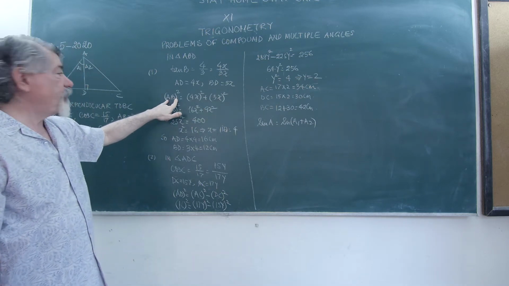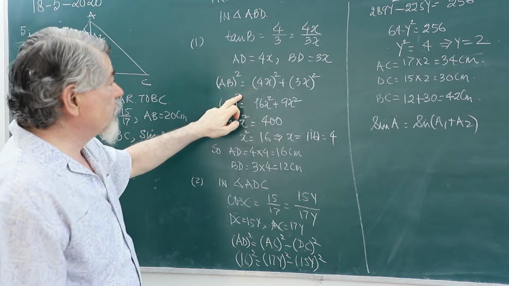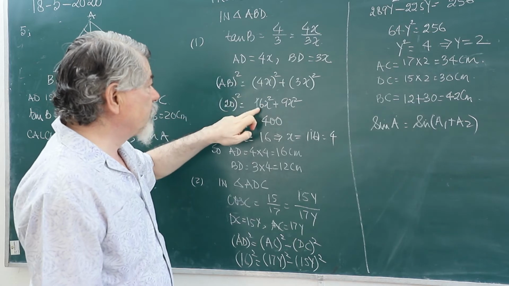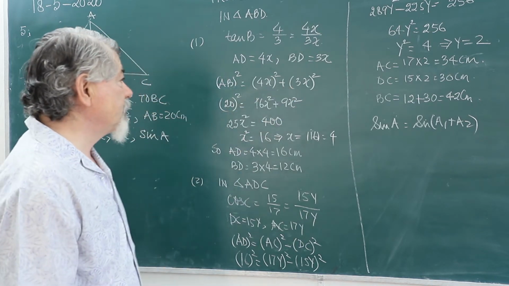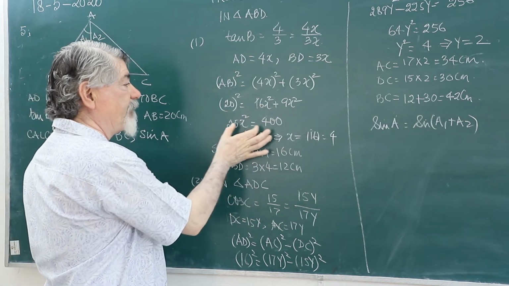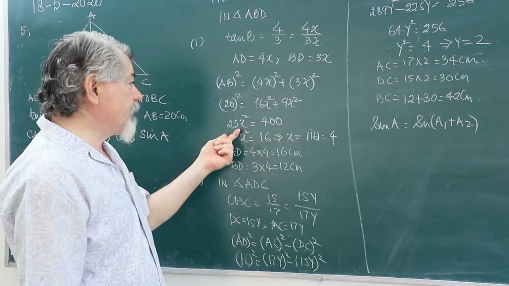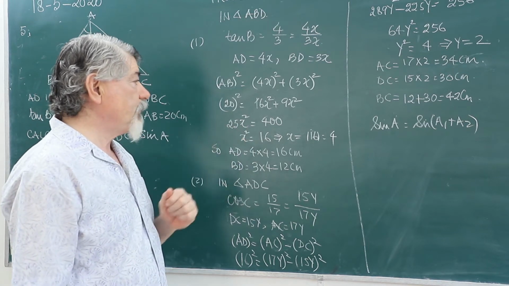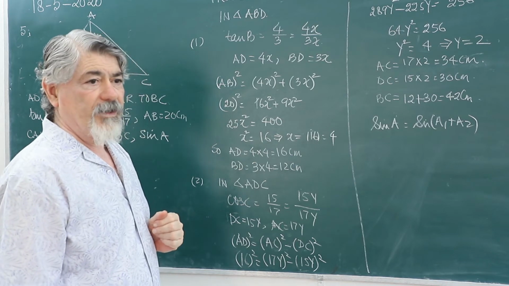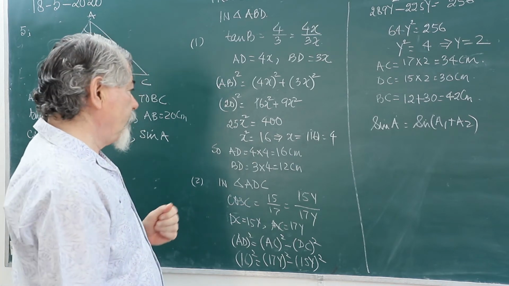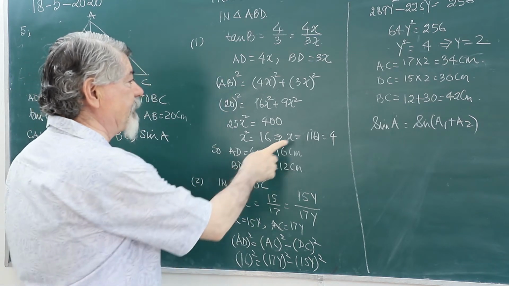The value of AB was given to be 20. 20 whole square is equal to 4x whole square, that is 16x square, plus 9x square. That will become 25x square is equal to 400. So x square will become 400 upon 25, which gives x is equal to 4. Why have we taken plus?